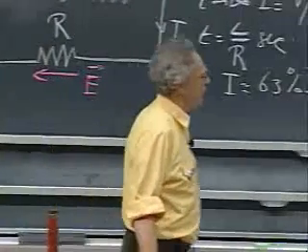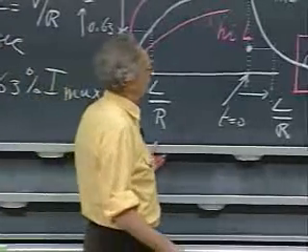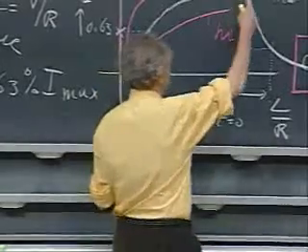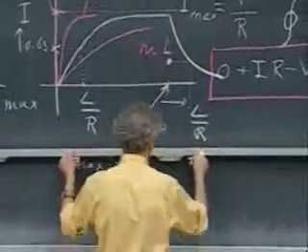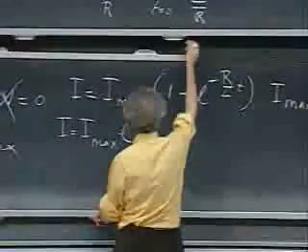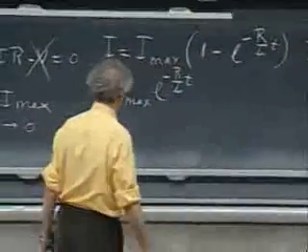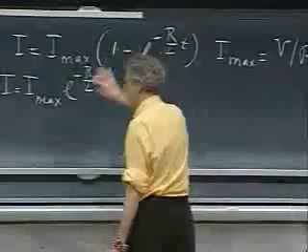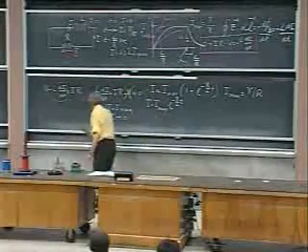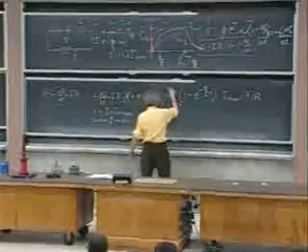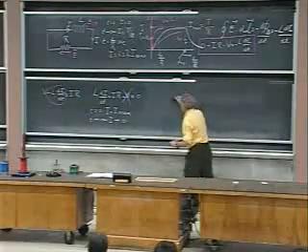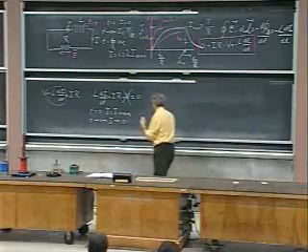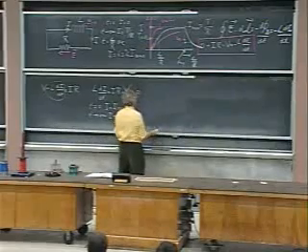Let me first calculate how much heat is produced as the current goes from a maximum value down to zero. I'll have to erase something. I will erase this part here. So at any moment in time, the current is producing heat in the resistor.